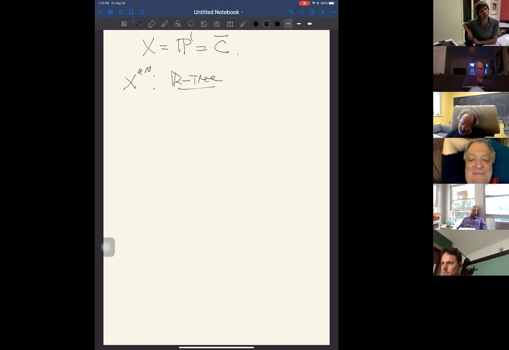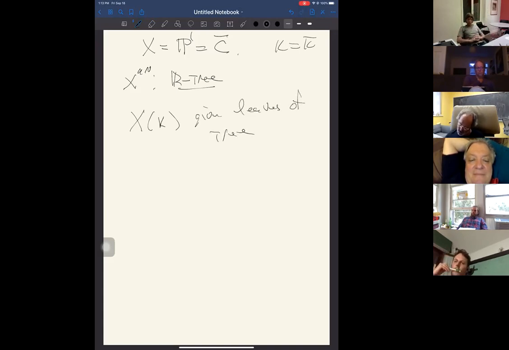The K points, let's take K to be K bar, so we don't have to talk about K bar. If I take the K points, these give leaves of the tree. If you've ever seen the building for PGL2 over a DVR, this is very close to that.